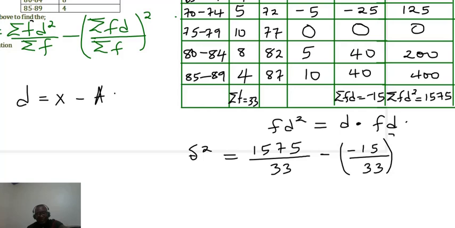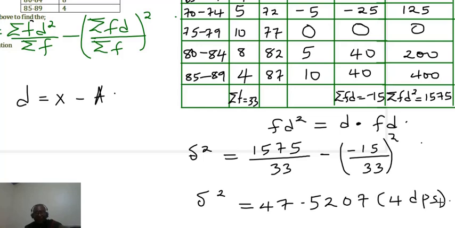Then we need to square this. Now, with our calculators, when we compute this, we get a value which is 47.5207 to 4 decimal places. Okay, so that's our variance from our calculator.